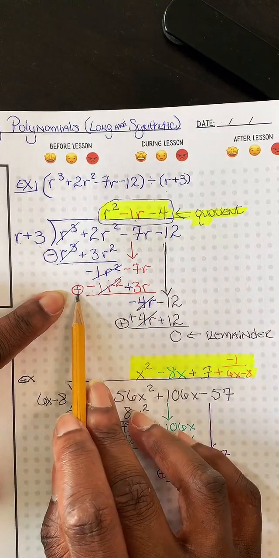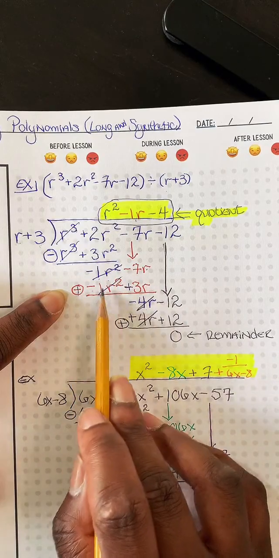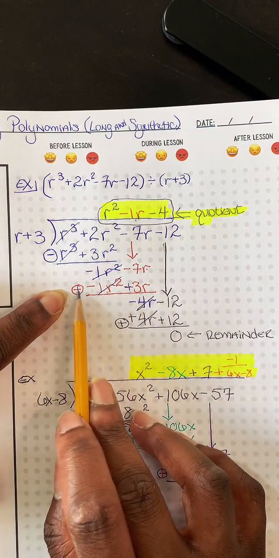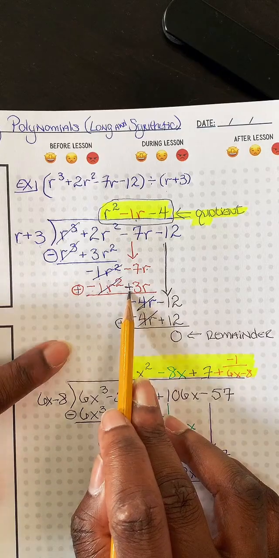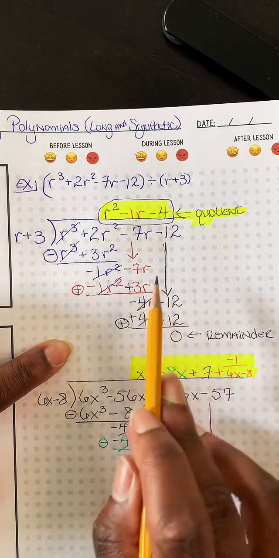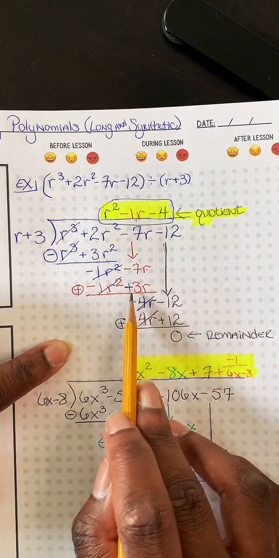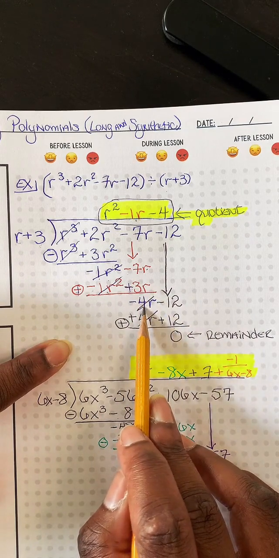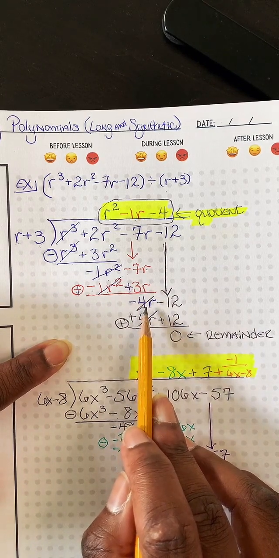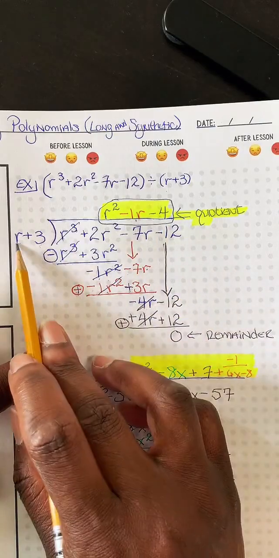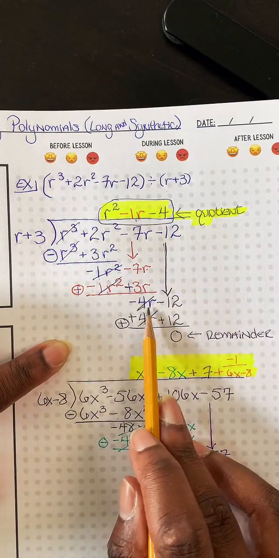And we're always subtracting. That's how this was able to cancel out. When you minus a negative, it turns positive. That's why there's a plus sign there. So negative 7r plus 3r, that's where the negative 4r came from. Then you do the process again. Negative 4 times r gives us our negative 4r.